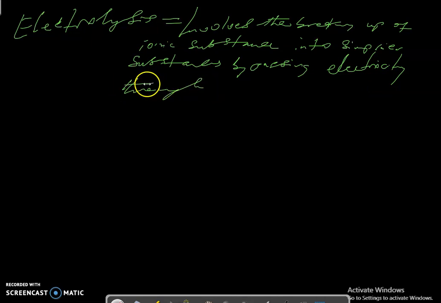So we want to split up ionic substances by passing electricity through them.